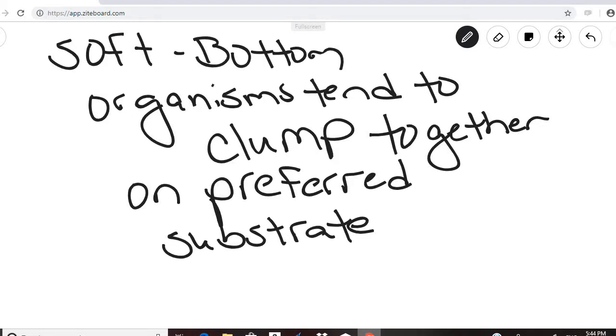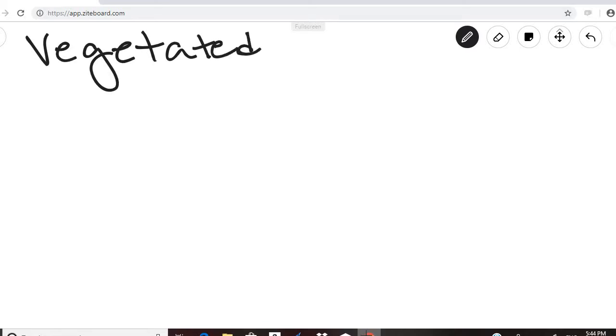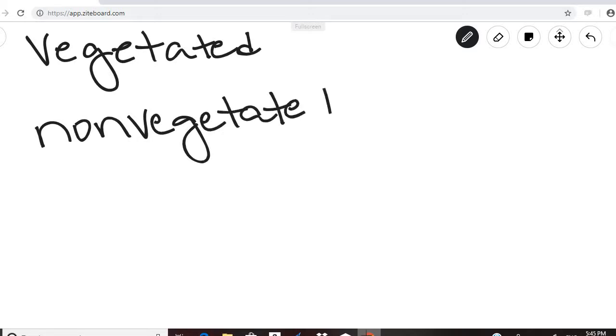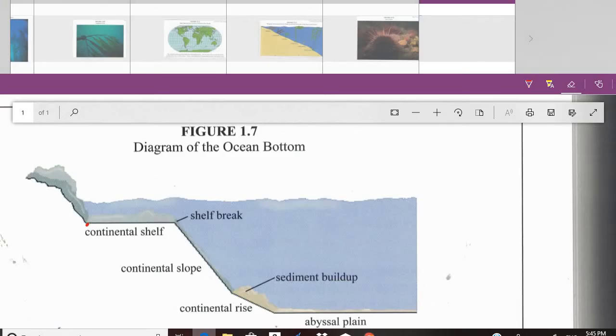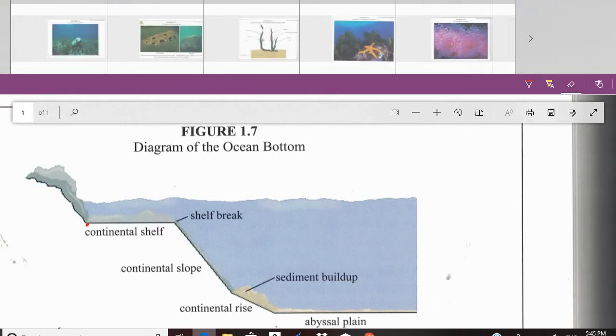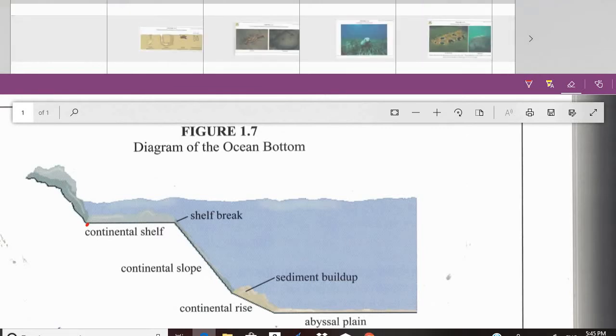Okay. So then the other way that we divide the soft bottom is vegetated and non-vegetated, and those terms should make sense to you. Let's go back and let me show you a picture. Let's do this one.